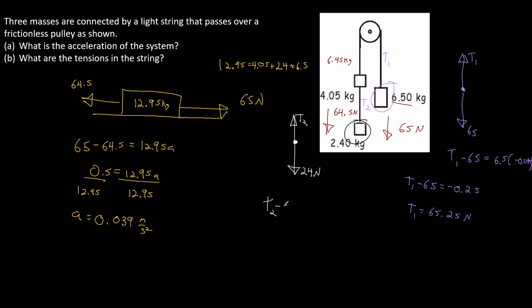T2 minus mg, which in this case is going to be just 2.4 times 10, or 24, is equal to mass times the acceleration, and that's going to be an acceleration upwards. So T2 minus 24 equals 0.0936, and then I'm not dividing anything. I'm adding 24 over to the other side, and T2 is equal to 24.09 newtons.